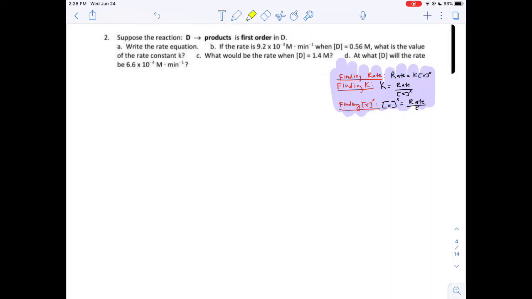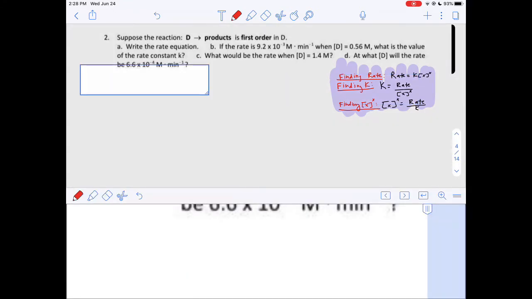Okay, so question 2 is saying, suppose the reaction D decomposes into products and is first order. Part A, write the rate equation.